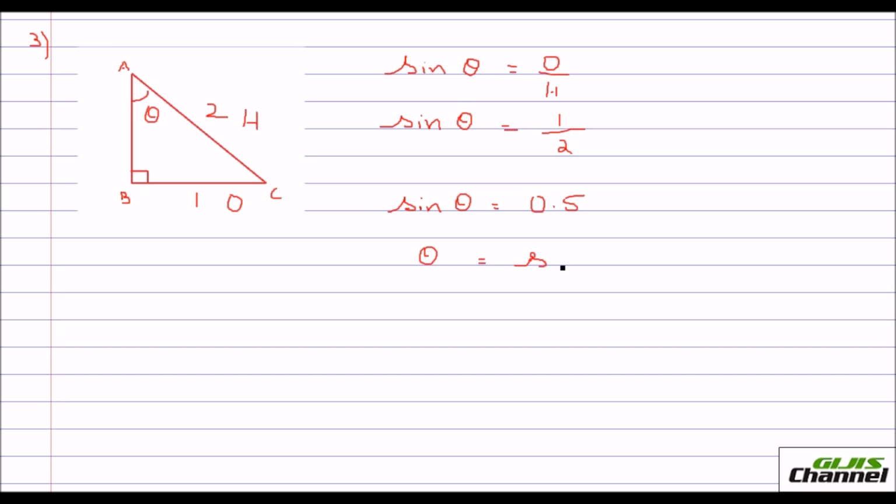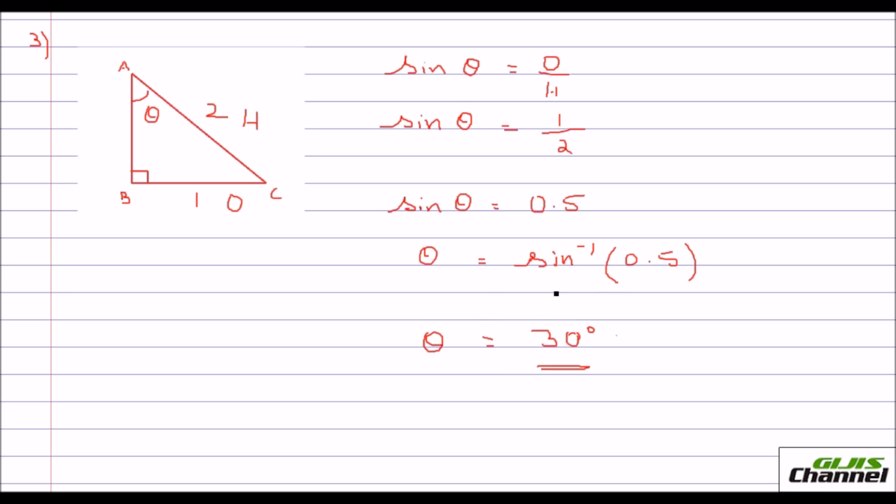Sine inverse of 0.5. You have an option to find the sine inverse in your calculator. Use that and find the sine inverse of 0.5. It shows 30, and so your theta is 30 degrees.